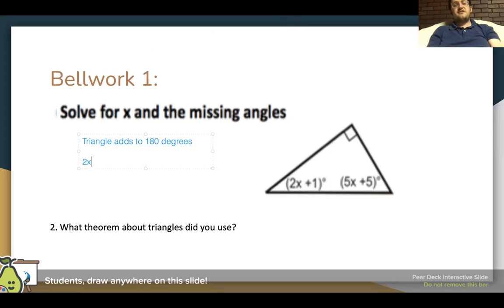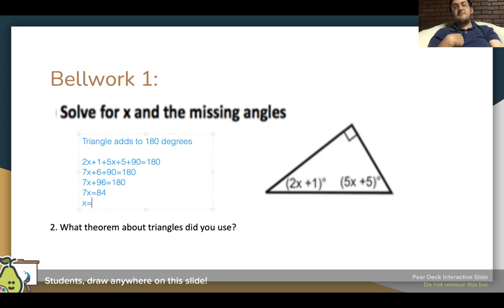Therefore, you would just do 2x plus 1 plus 5x plus 5 plus 90, because we got that 90-degree marking, equals 180. So I have 7x plus 6 plus 90 equals 180. So I have 7x plus 96 equals 180. 7x equals 84. And x, we're going to do 84 divided by 7.